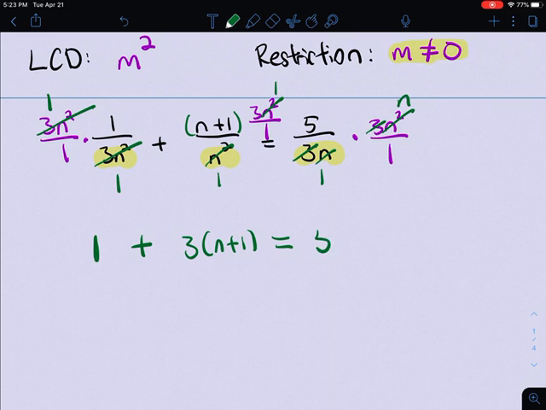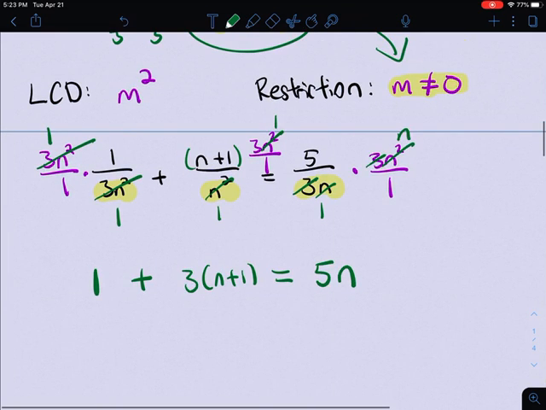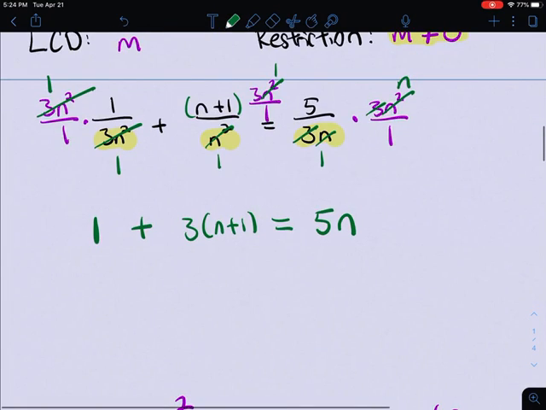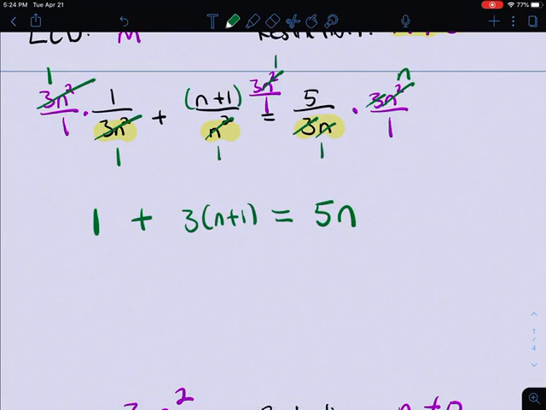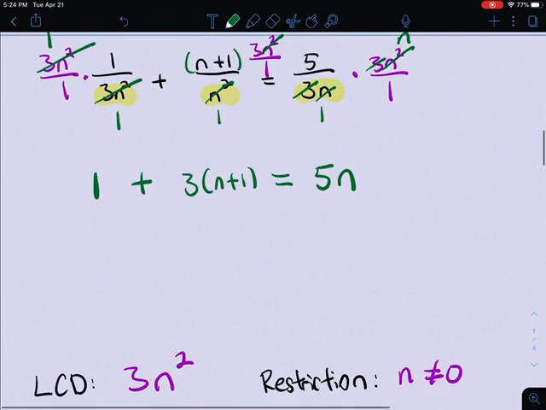So then I'm left with 5 times n. Once again, this is just multiplying with rational expressions, which we did during the previous part. So hopefully that's still pretty fresh in your minds. But after doing that, we should end up with just a linear equation once again, which is much easier to solve than what we started with.